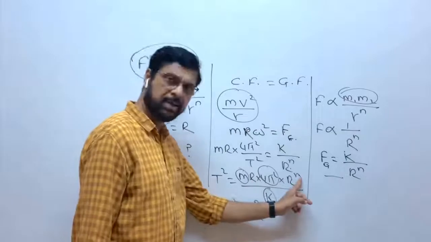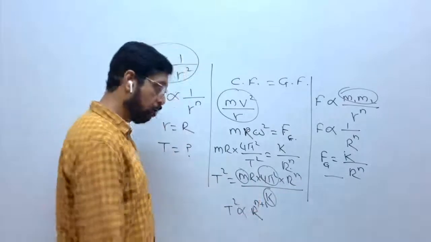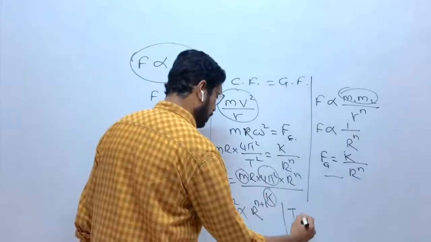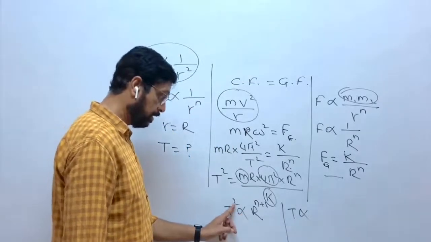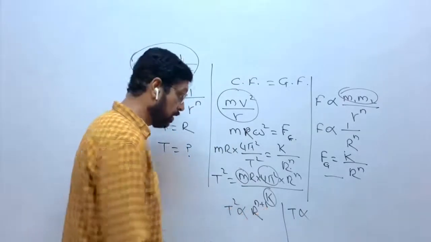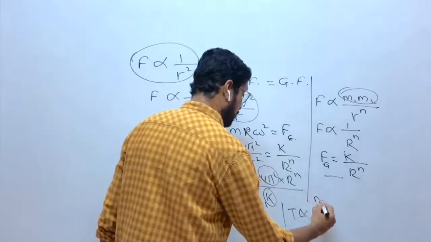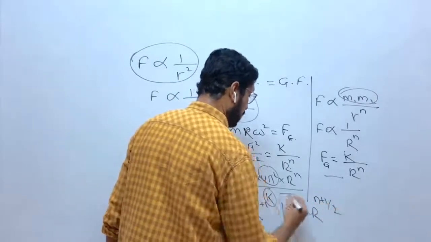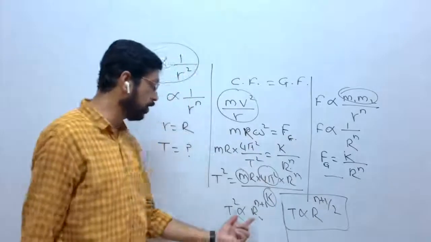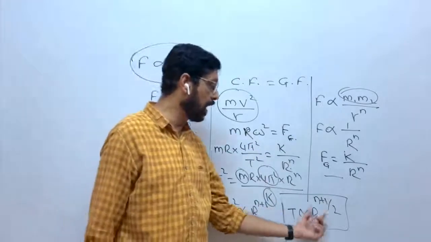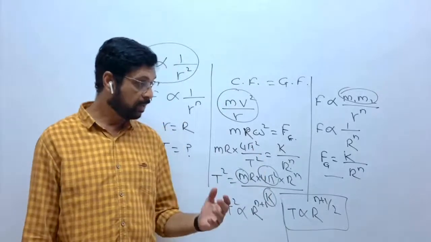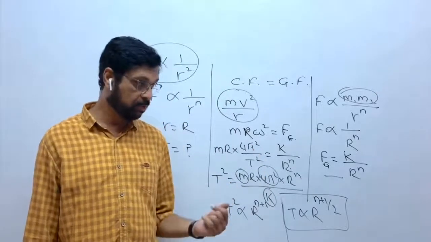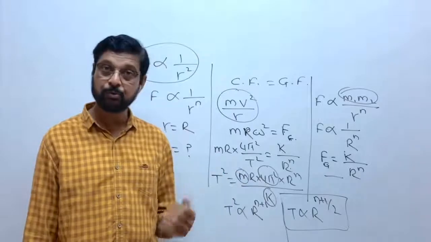Or you can say T is proportional to, since this is square, here we take the square root. T is proportional to r raised to n plus 1 by 2. So the periodic time T is proportional to r raised to n plus 1 by 2. So your answer is A. T is proportional to r raised to n plus 1 by 2. That is A.